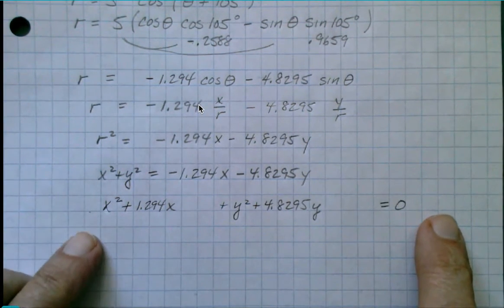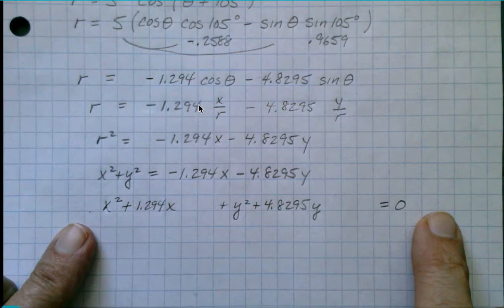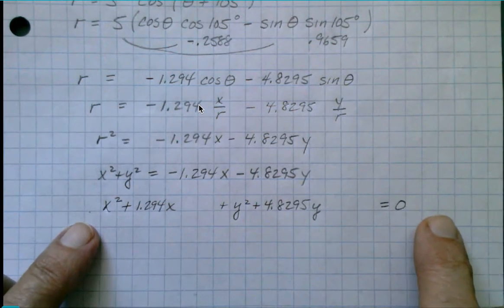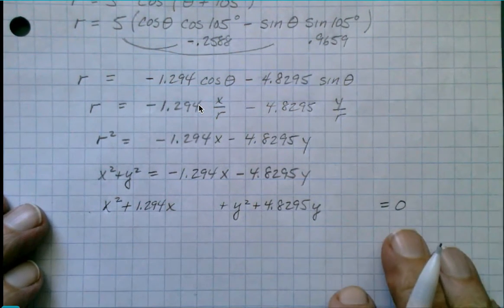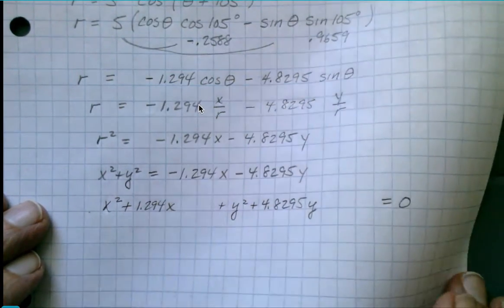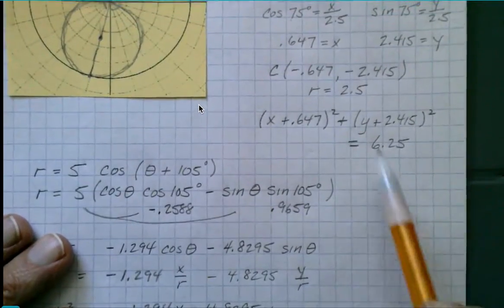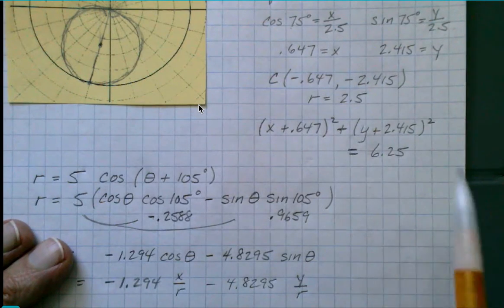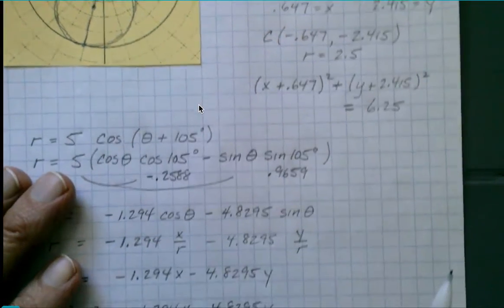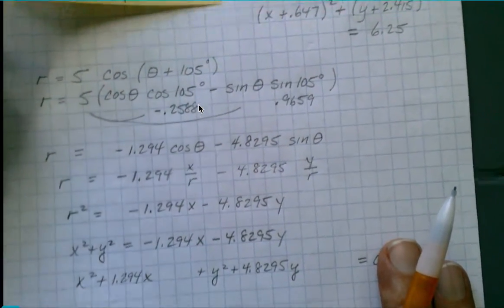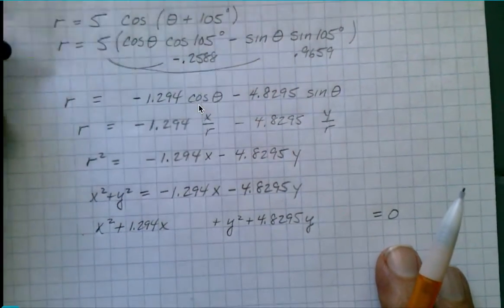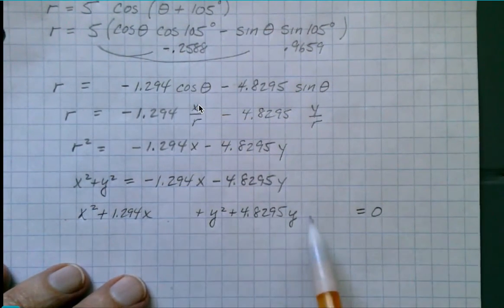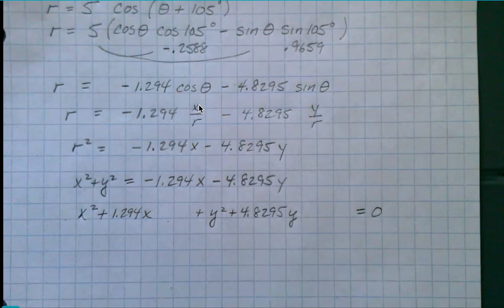But if you do that correctly, once you've completed the square, you should find it's pretty darn close to what you got right up here. So I'll leave that challenge for you, to figure out what it's going to take to complete the square on these two pieces.